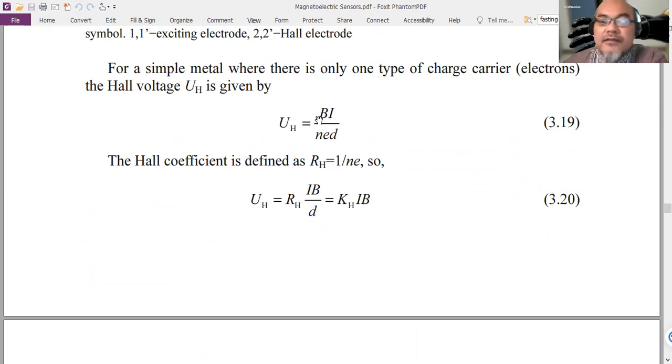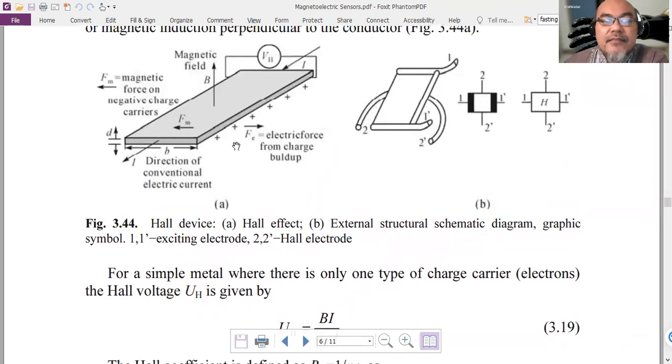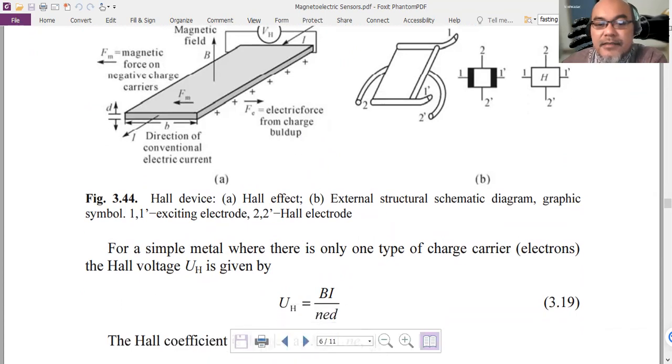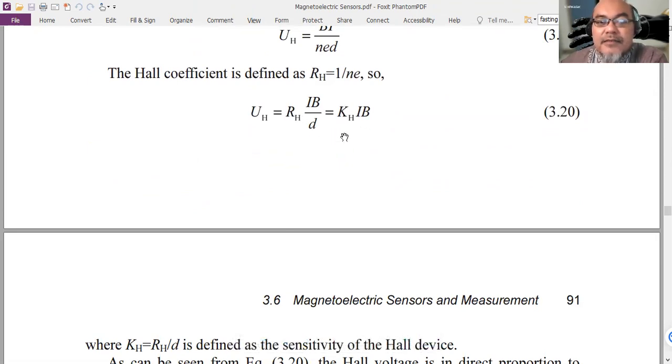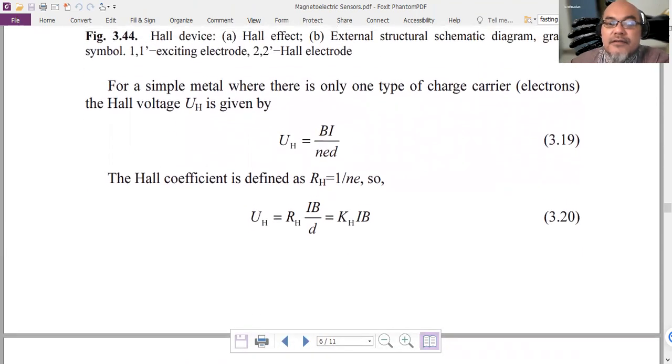The Hall voltage is the Hall coefficient times BI divided by D, where D is the thickness of the plate. Then RH divided by D becomes the Hall constant KH, times current times B. So the Hall voltage is proportional to the current flowing through the thin conductor and also proportional to the magnetic flux B.